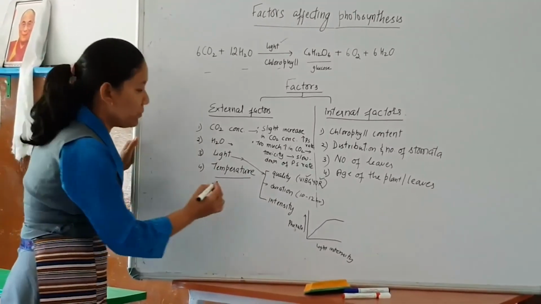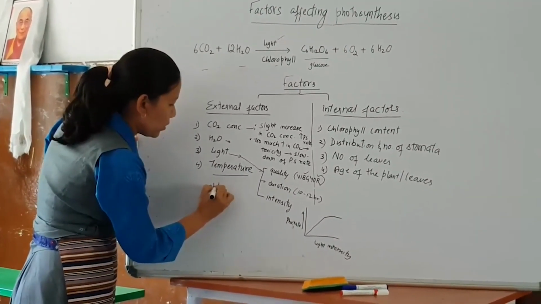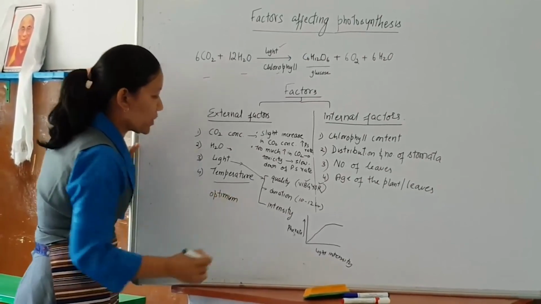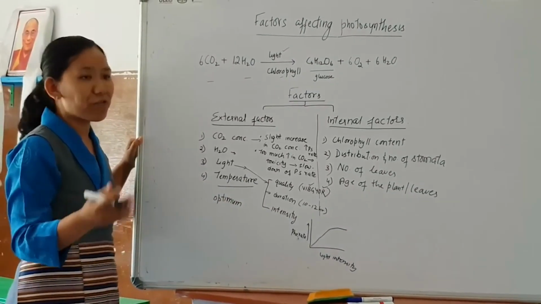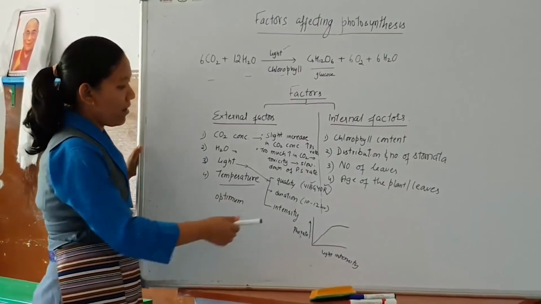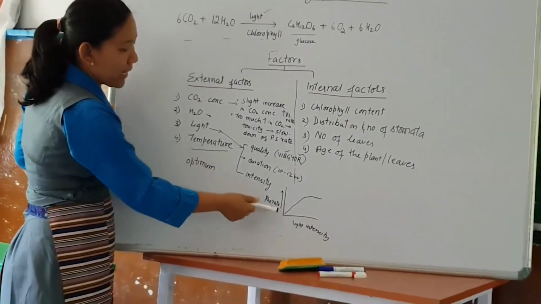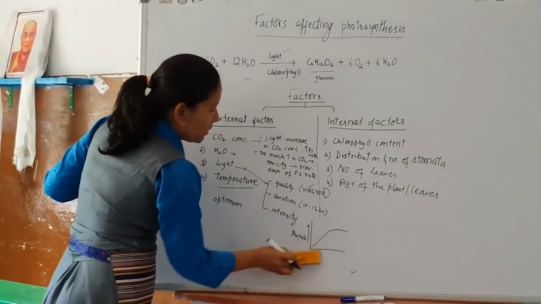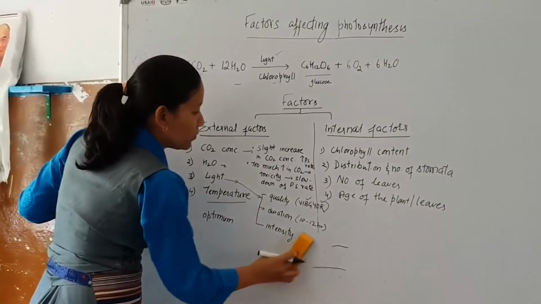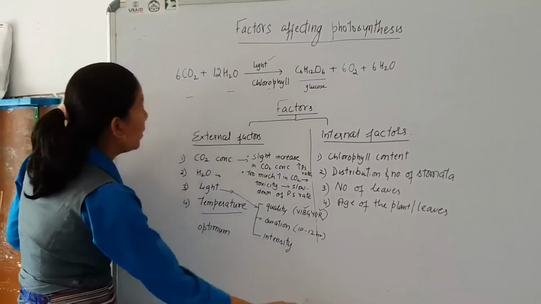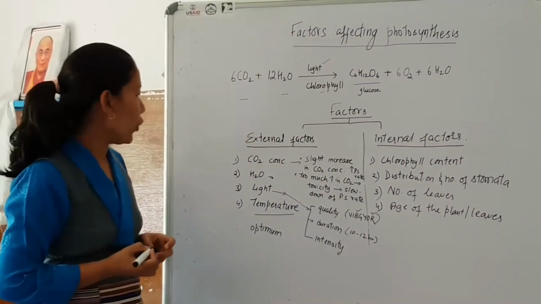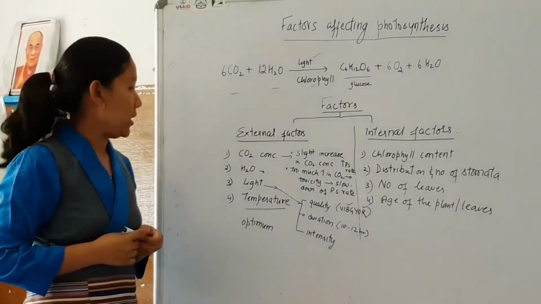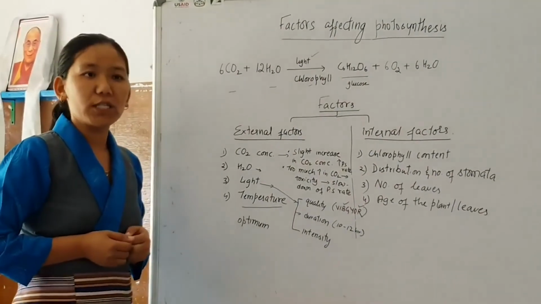So the temperature must be optimum. But generally speaking, the rate of photosynthesis increases with increase in temperature, but up to a limit. These are the four important external factors which affect the rate of photosynthesis.